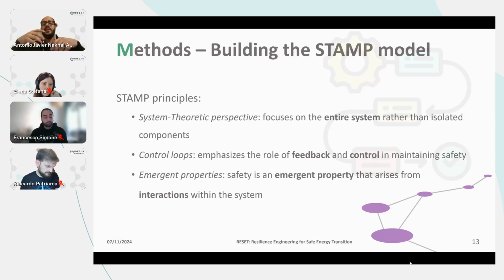Then the model defines that the process interacts between the agents through control actions and feedback loops, which give the activities or tasks, and then give information on how the process is working. And the last one, maybe the most relevant, is that safety is emergent, or arises, from the interaction of the system.